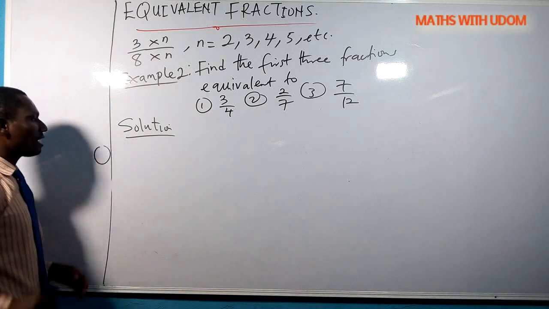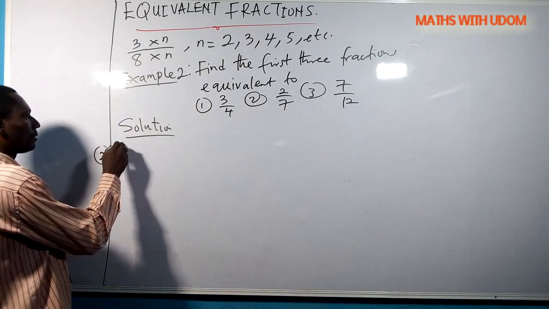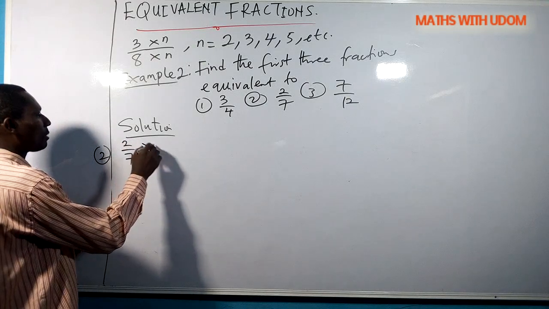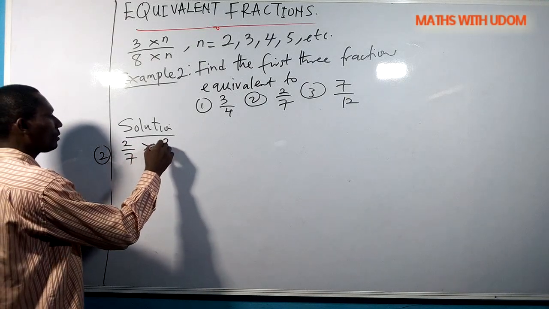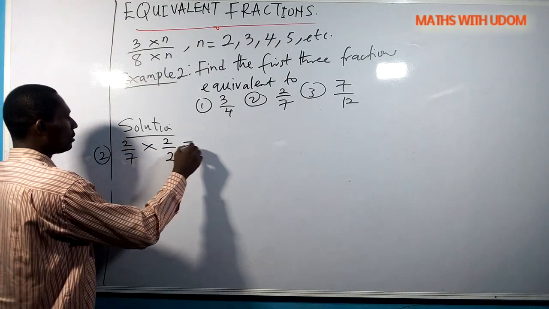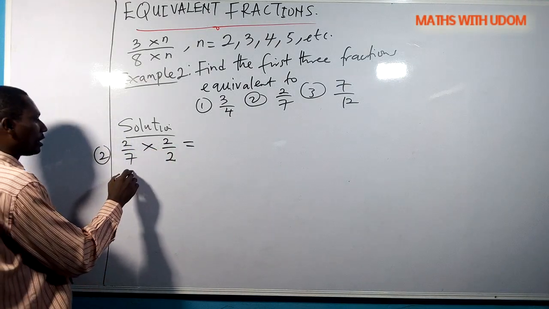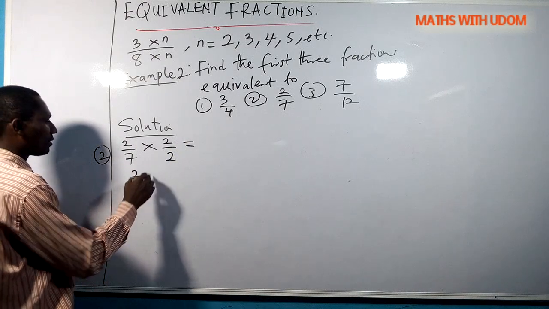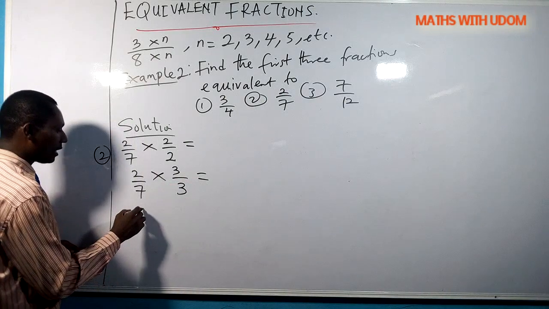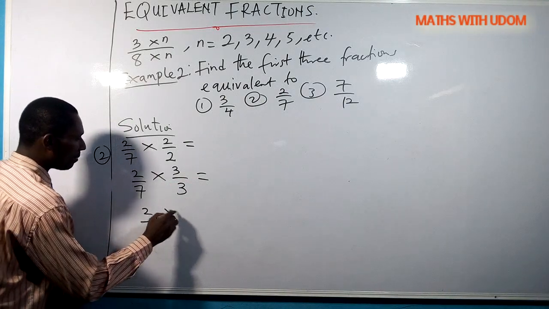We have 2 over 7, 2 divided by 7. So I'll do the same thing. I'll multiply the numerator by what? 2 and 2. Okay? Then I also multiply 2 over 7 by 3 over 3.